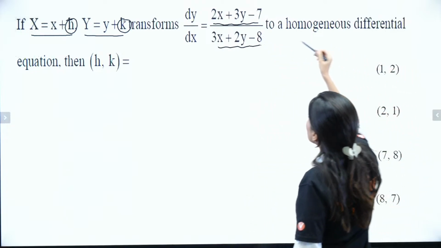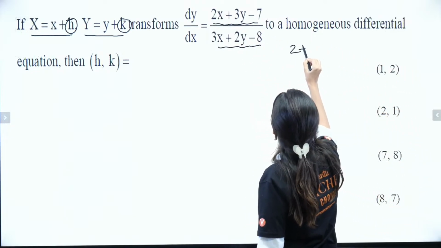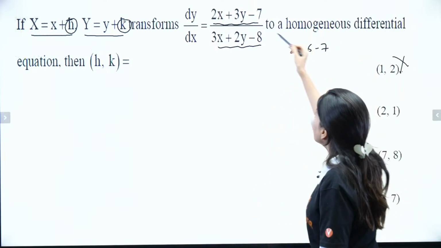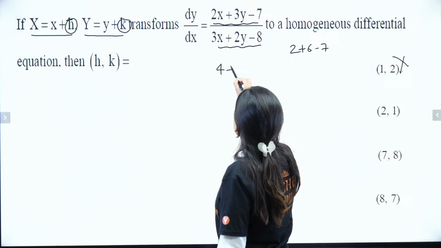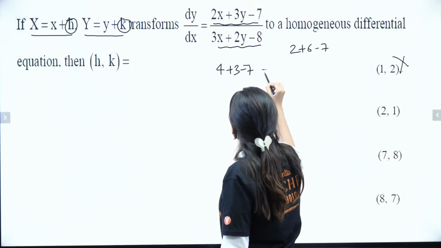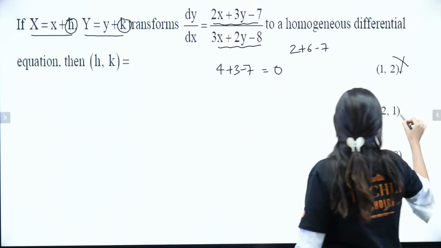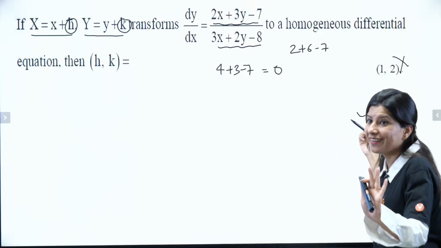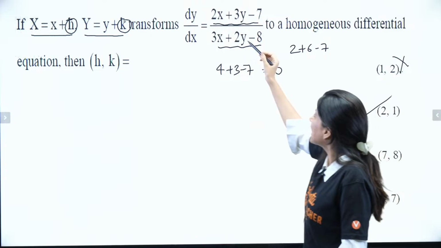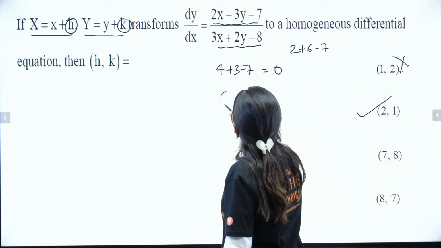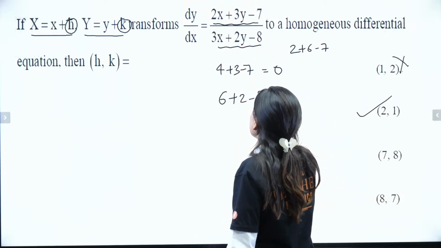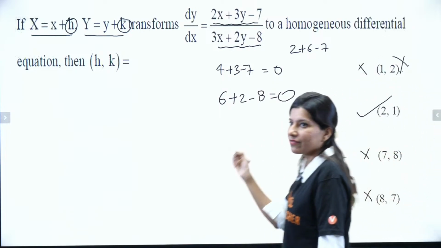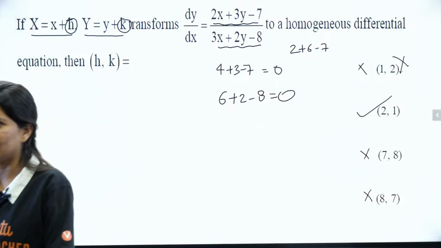The moment I put 1 comma 2, so what will I get? 2 plus 6 minus 7, not becoming 0, wrong. 2 comma 1 if I put over here, 2 2s are 4 plus 3 minus 7, okay, it is happening 0. All right, this is happening. So this option can be correct, because 2 comma 1 should satisfy this as well. So 3 2s are 6 plus, oh, it is going to satisfy this. So this is correct. Rest everything will not get satisfied because there will be a unique solution.